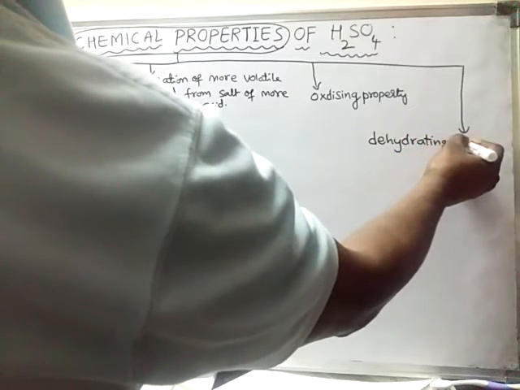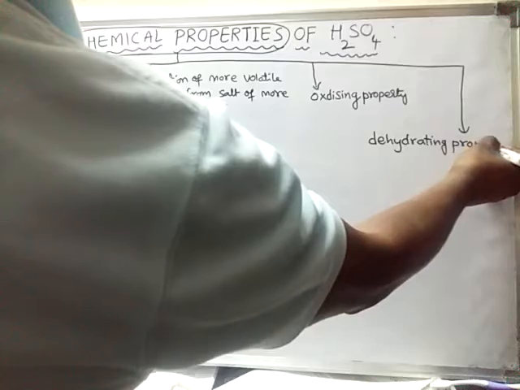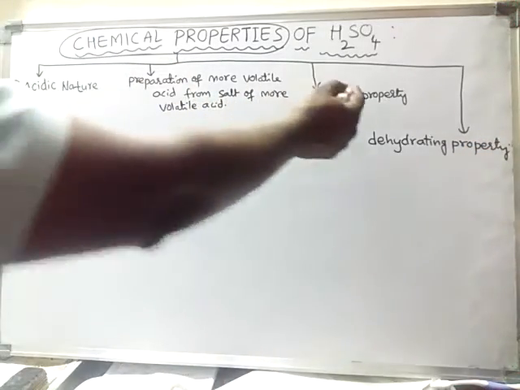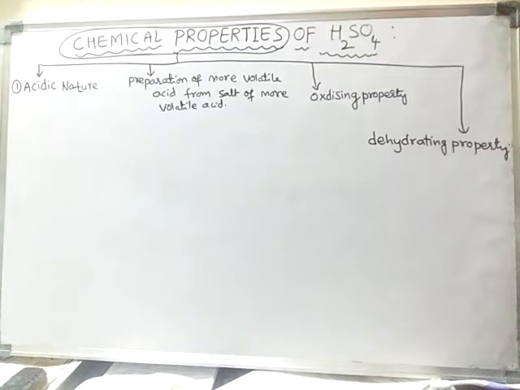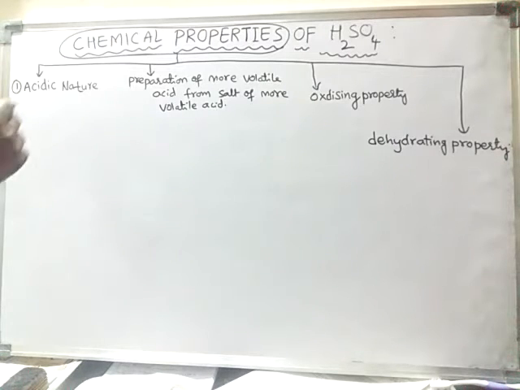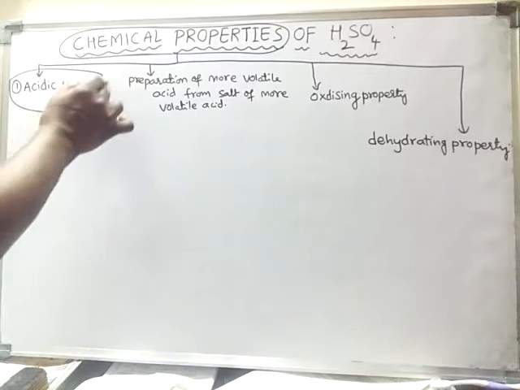So all these can be studied as chemical properties of sulfuric acid. We will learn all these one by one in depth. We will start with the acidic nature.